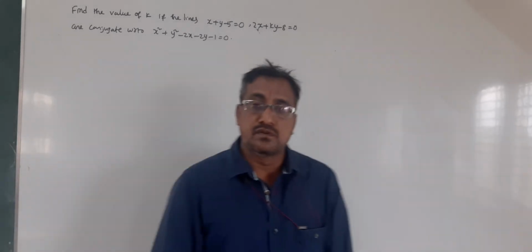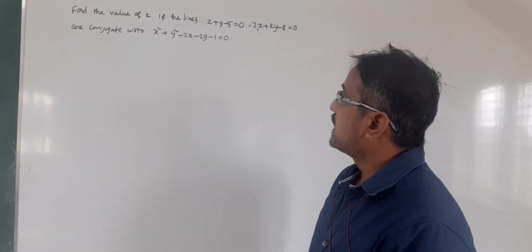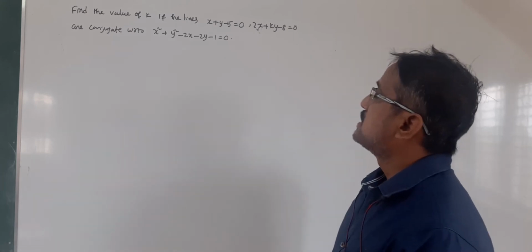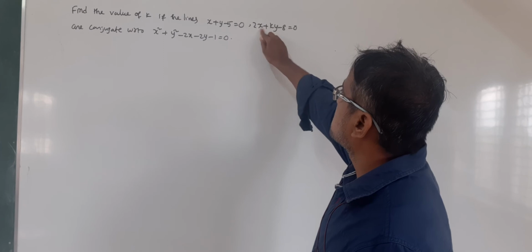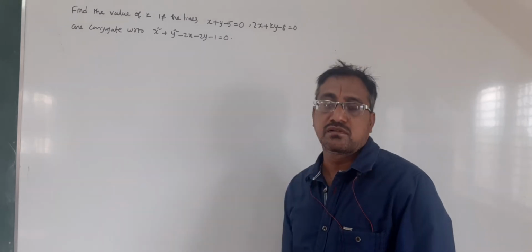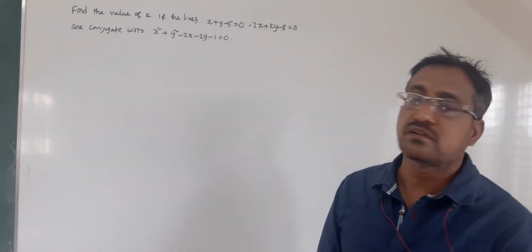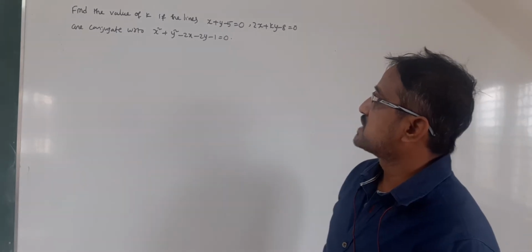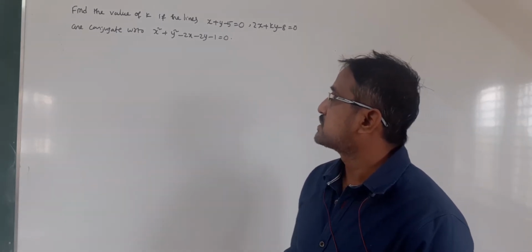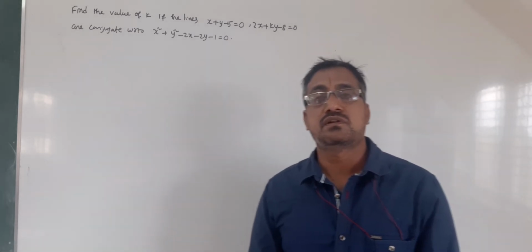Next problem, find the value of k if the lines x plus y minus 5 is equal to 0, 2x plus ky minus 8 equal to 0 are conjugate with respect to the circle x square plus y square minus 2x minus 2y minus 1 equal to 0.